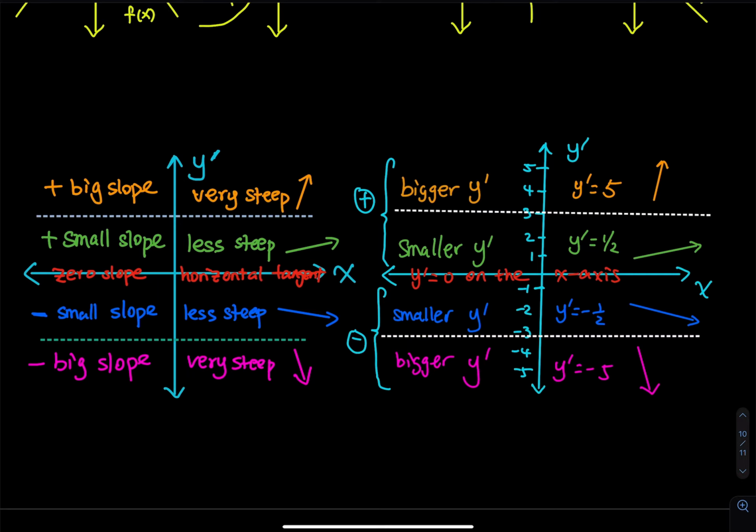In comparison, we have another region with y prime equals -5. That is far below the x-axis. That is slope equals -5. That is so much steeper compared to -1/2. So that is what I want you to keep in your mind when you are looking at the graph of y prime. So let's go back to our problem.